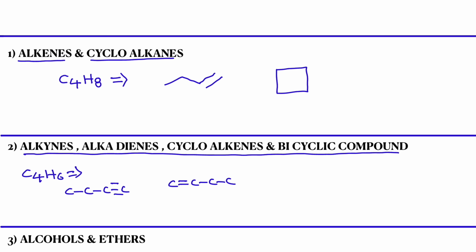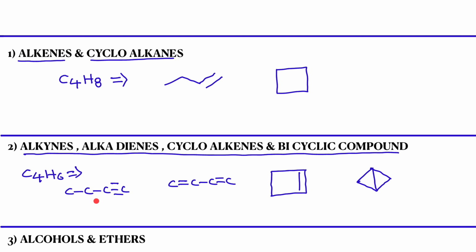We can write two double bonds, it becomes an alkadiene. We can write a cycloalkene, degree of unsaturation is 2. I'm just satisfying the degree of unsaturation and number of carbons. So one ring and one pi bond, degree of unsaturation is 2. We can even write a bicyclic compound like this.